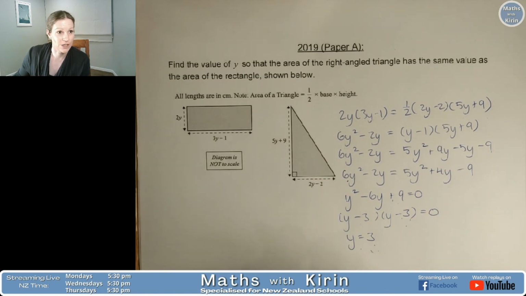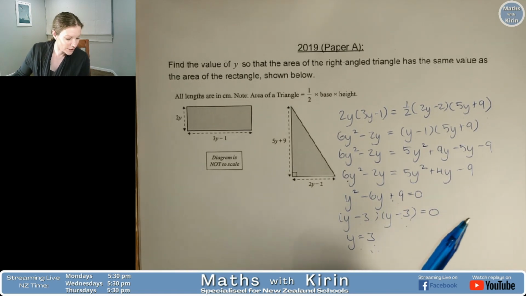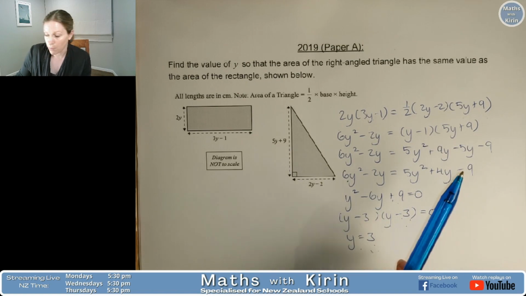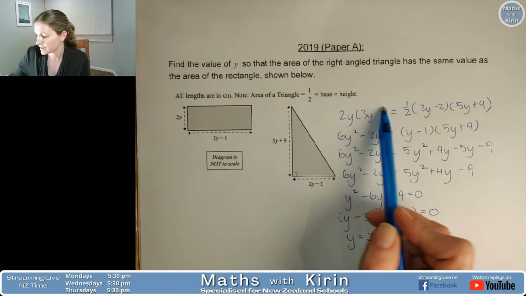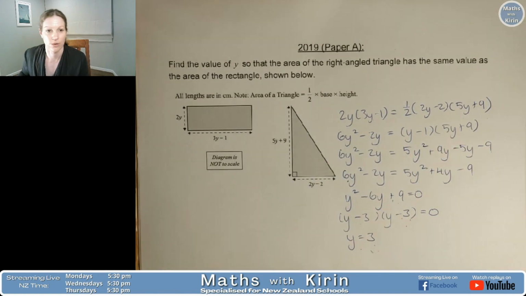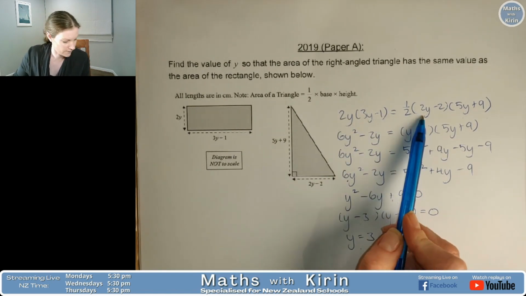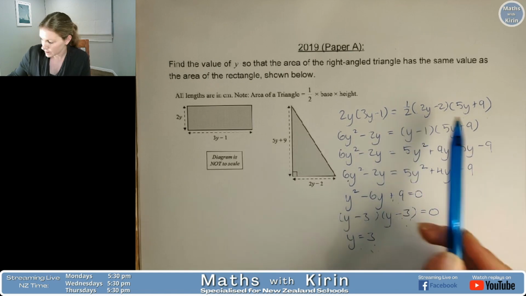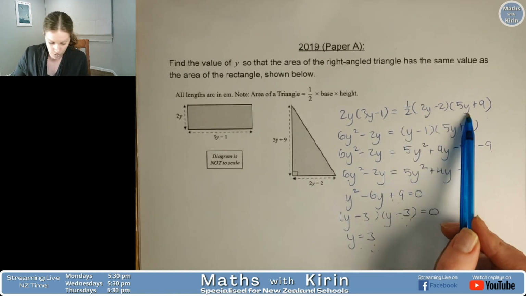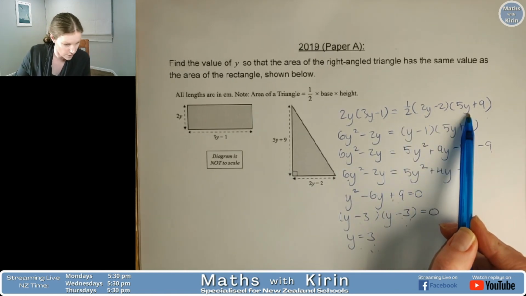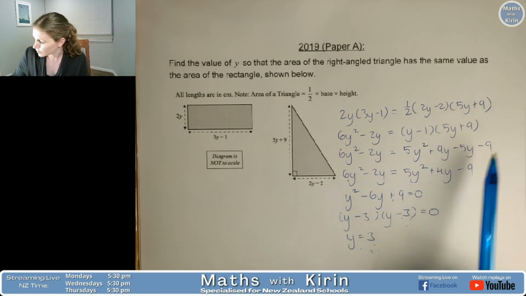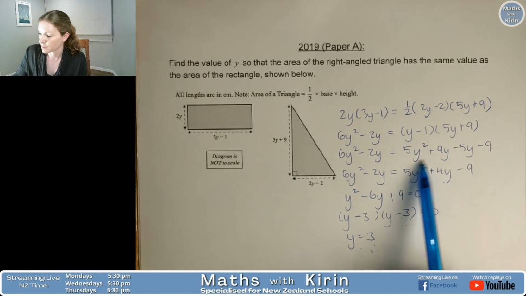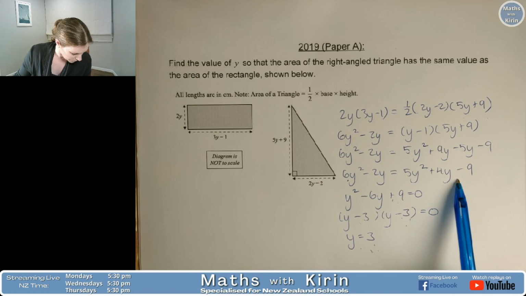For achieved, you need to do one of the following. You can either form the equation for both areas. So you write this and this, okay, with your equal sign. You form your equation for both areas. Or you expand the equation for the area of the triangle and you simplify that, which pretty much means you get down to 5y squared plus 4y minus 9.